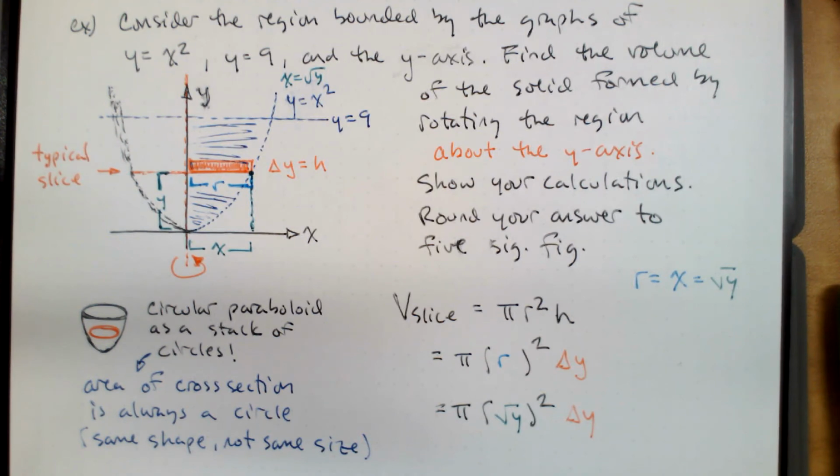At this point, we have figured out what we're going to be integrating. I'm going to be integrating the function pi times y dy. That's the expression that we're going to evaluate. The other part of the decision is the set over which we're going to integrate. We got to integrate all the y values where we have a slice.